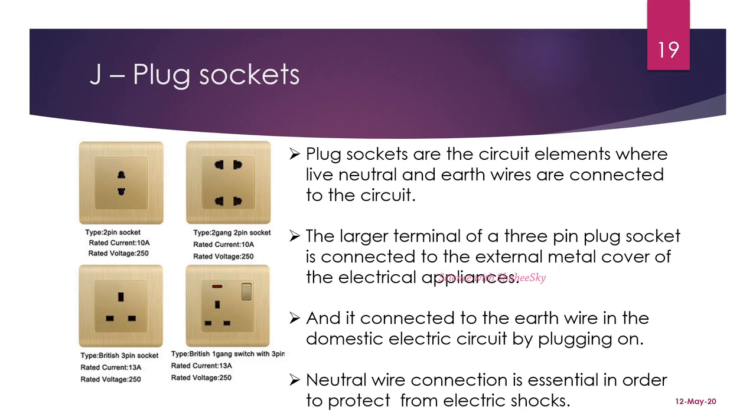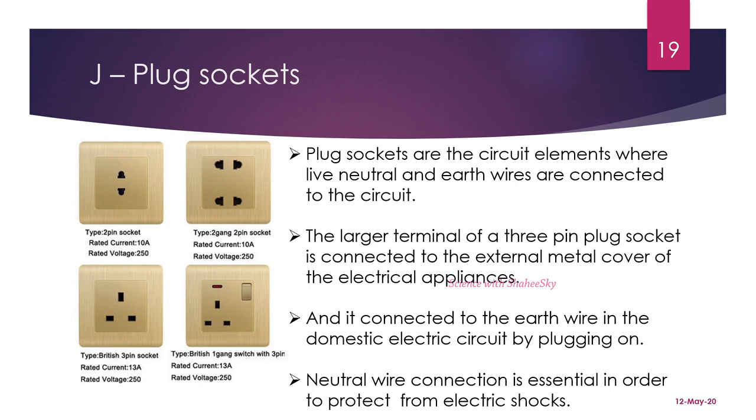Live and neutral wires are connected, and with this the earth wire is also connected to the socket. The larger terminal of the 3-pin plug socket is connected to the external metal cover of the electric appliance, and it is connected to the earth wire in the domestic electric circuit by plugging in. Neutral wire connection is essential in order to protect from electric shocks.